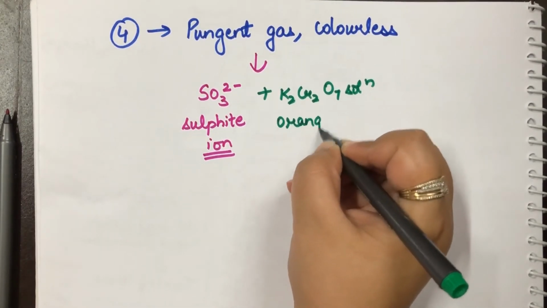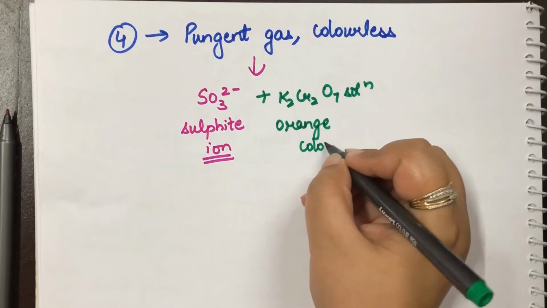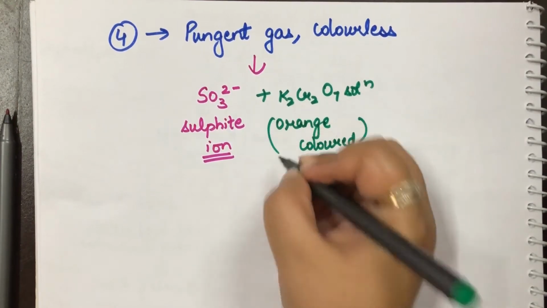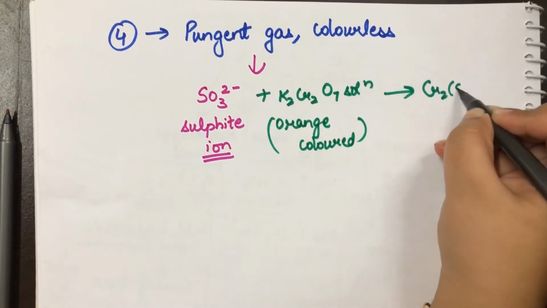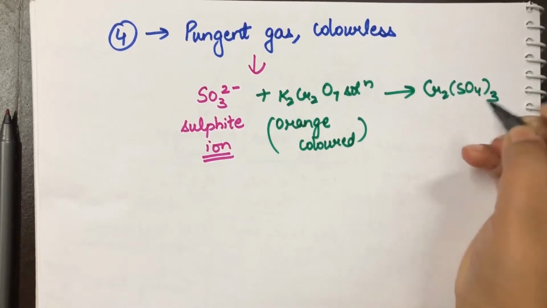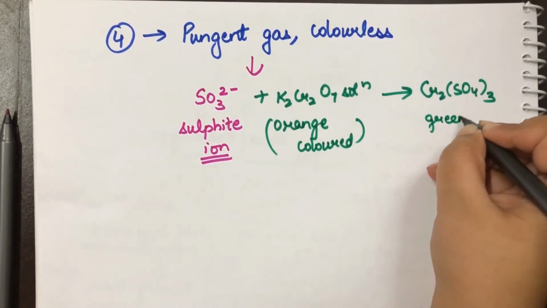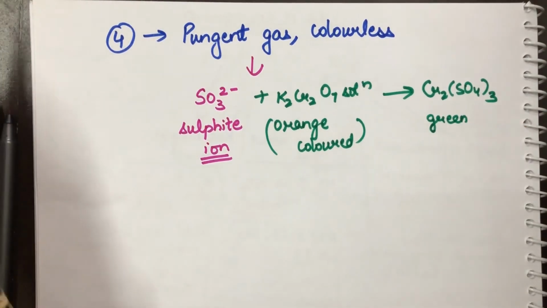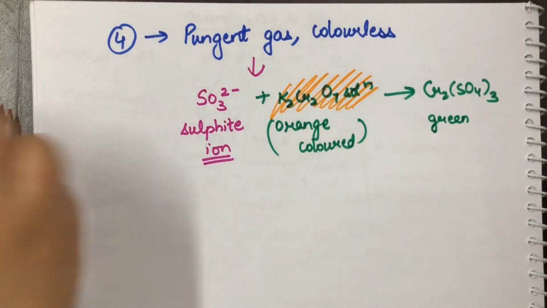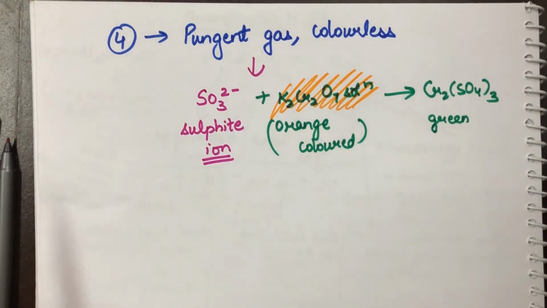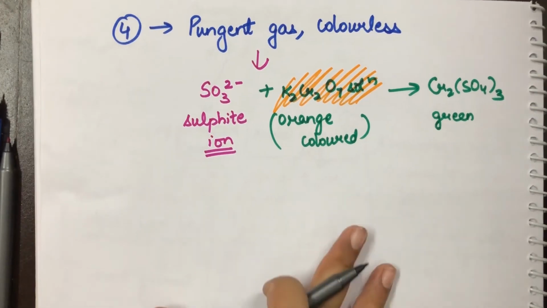It is orange. And you will see a green colored solution. So from orange, now it is converting to green color. And due to this green color, it will be a confirmation that the sulfite ion was present.